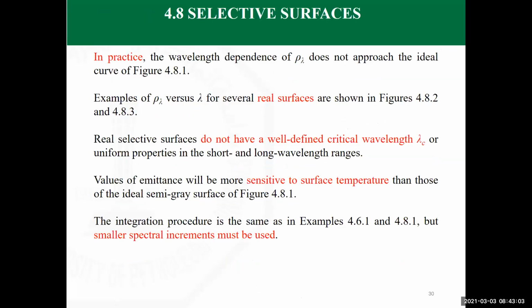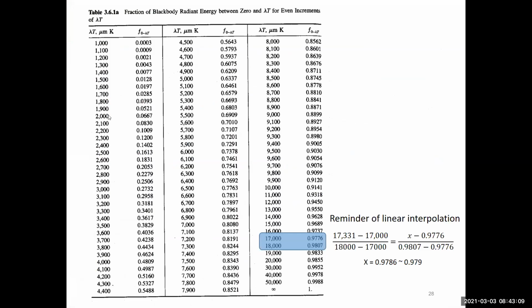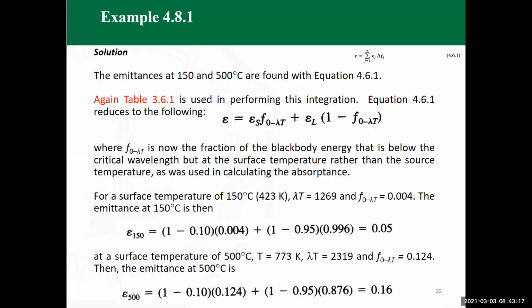Similarly, we don't have 1269, so we're going to come somewhere in between 1200 and 1300 and do interpolation to get the value of F. And that's what happened here. And the value of F is equal to 0.004.